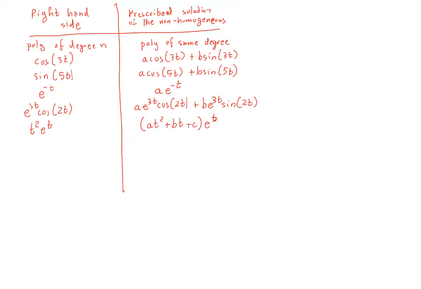So if you see a t cosine of 2t, again, you need a generic polynomial with cosine of the same degree, with cosine of 2t. And then, unfortunately, it's the same principle that I told you before, at plus b times, I'm sorry, not at plus b, other coefficient. So ct plus d times sine of 2t.